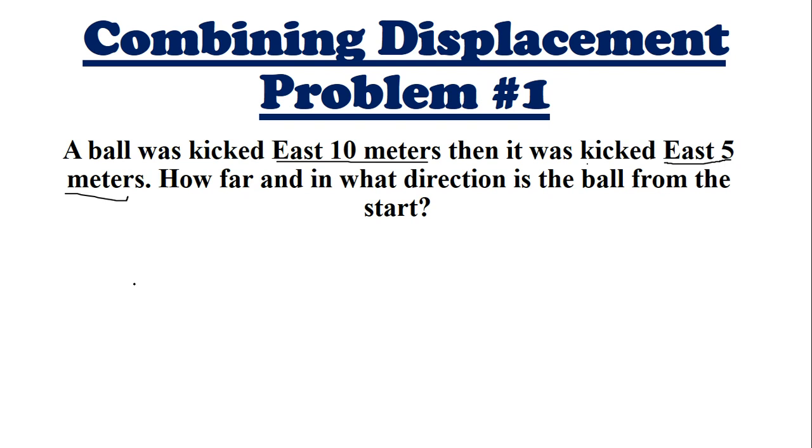I like to draw it out so I know what's going on. So we had the ball and it was kicked east 10 meters. And then the ball was then kicked east 5 meters. Well, you notice the direction is the same.